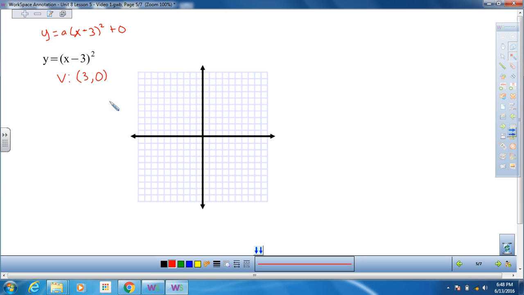So from my parent function, so this time I'll use opposite and have the parent function in blue. Y equals x squared. So this is the parent function.